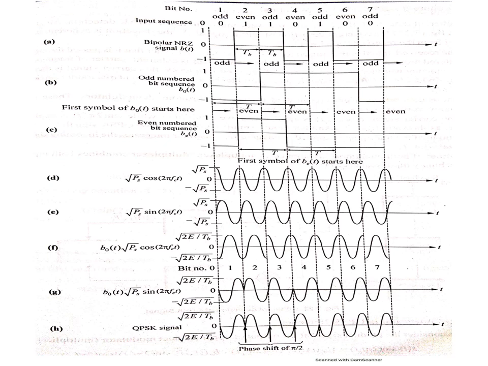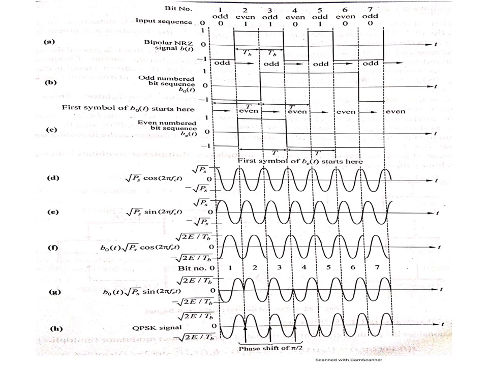The observation point is that the even and odd sequences are related to a 2 TB time duration. In the NRZ signal the bit duration is TB, but for the odd and even sequences the bit duration is 2 TB, double the TB.